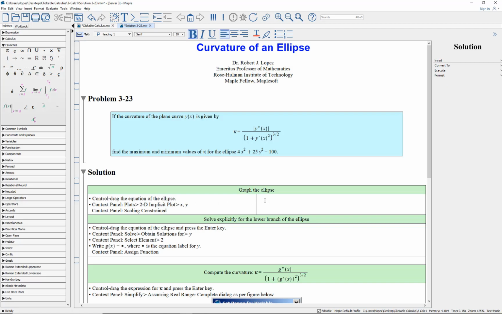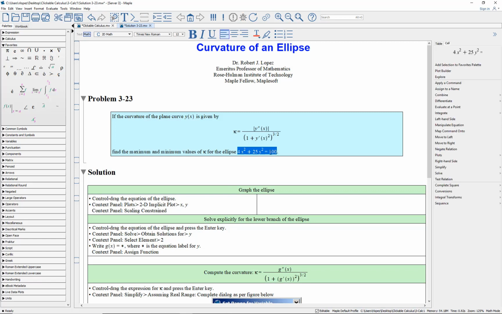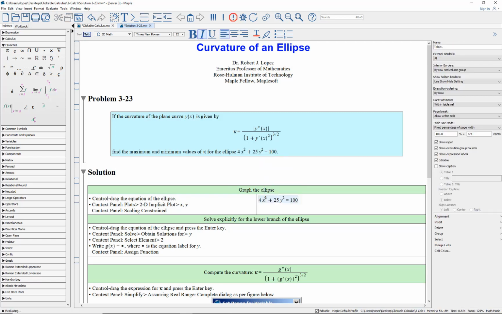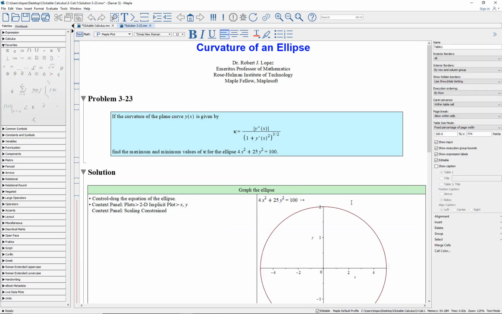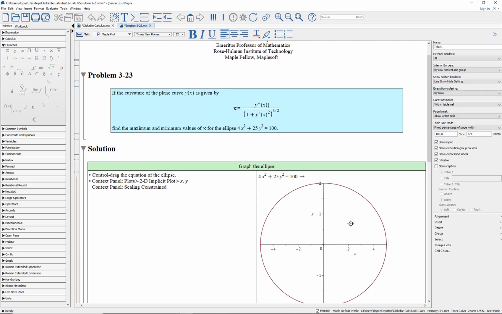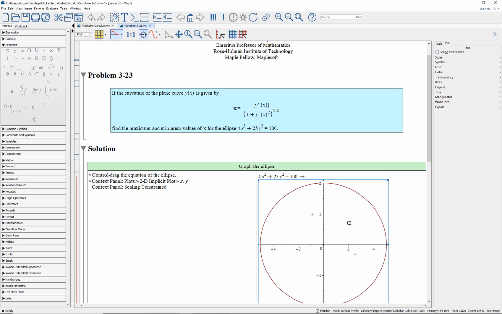By way of solution, why don't we graph this ellipse? So grab the equation, drag it down, go to plots, 2D implicit plot, variables in the order x y. It looks like we've drawn a circle, but we need to do constrained scaling.